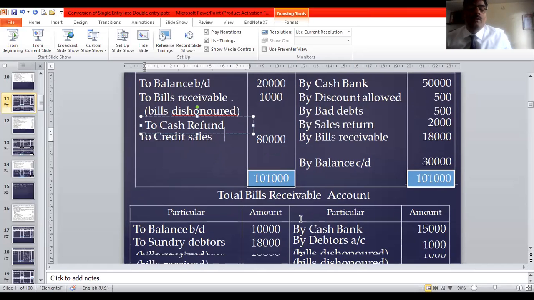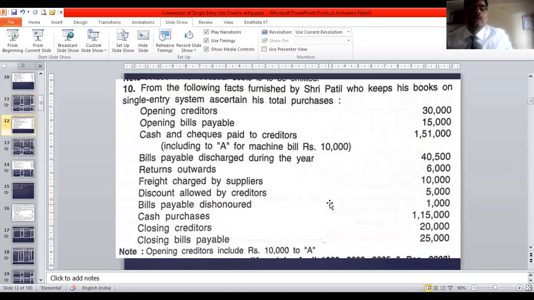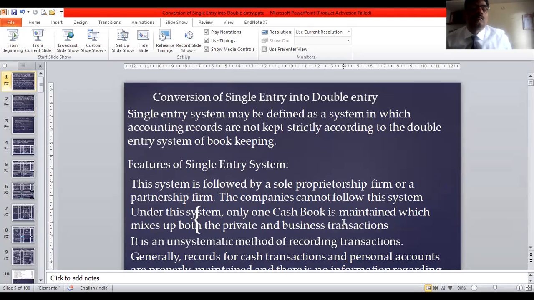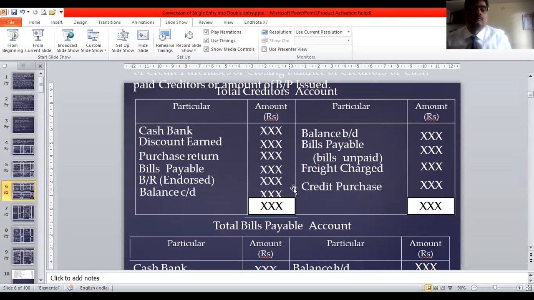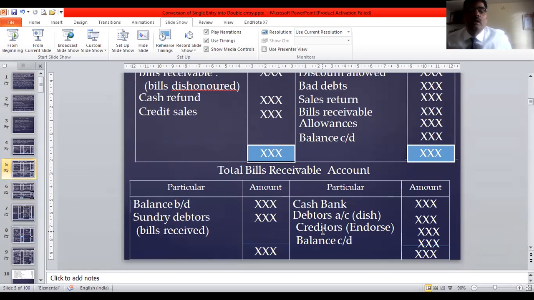And in the bills receivable account, one more item comes on the credit side. Sorry, bills receivable account credit side. In the bills receivable account credit side, you write creditors account for endorsement of bill. If a bill is endorsed, you have to enter it on the bills receivable account credit side. This is the point, note down.